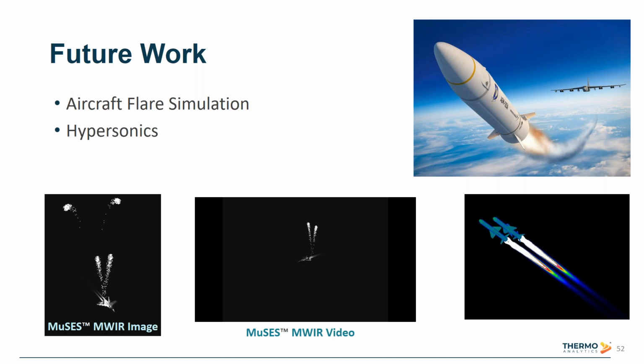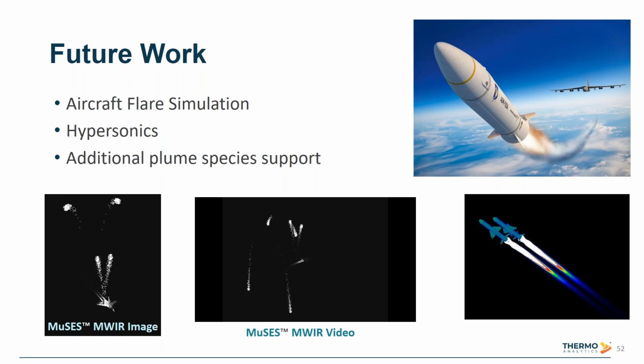Currently, MuSES can model objects moving at subsonic and supersonic speeds. Internal research is being conducted into expanding the capabilities to include hypersonic objects. MuSES currently supports 3 plume species, carbon, CO2, and H2O. We have an ongoing research effort to investigate expanding the number of species that MuSES can support.